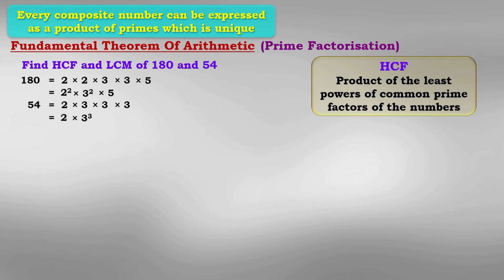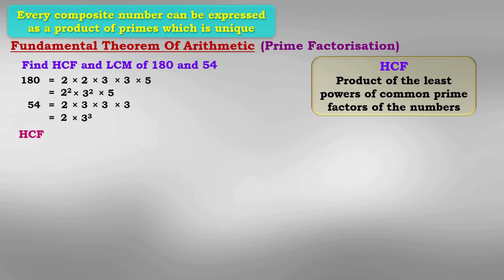HCF is nothing but the product of the least powers of the common prime factors of the numbers. So we need to check the prime factors of these two numbers which are common, and we have to take the minimum power from it. And LCM is just the opposite one. We have to take the common as well as the uncommon part as well, and for the power part we have to take the maximums. I will explain that later on, don't worry.